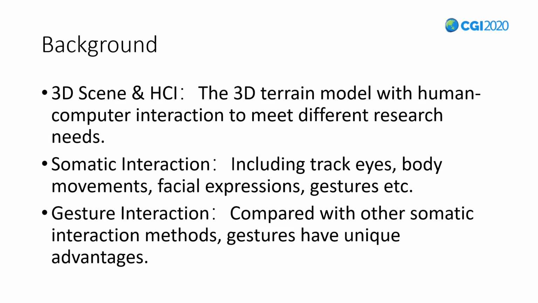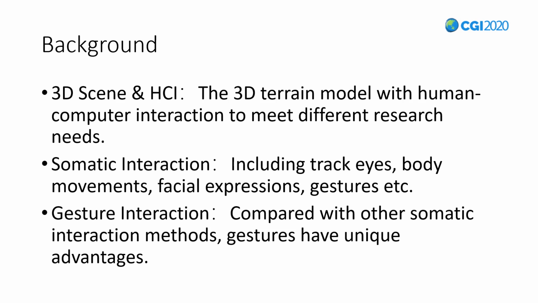Somatic interaction is one of the most popular methods of human-computer interaction, including tracking eyes, body movements, facial expressions, and gestures. Compared with other somatic interaction methods, gestures have unique advantages.